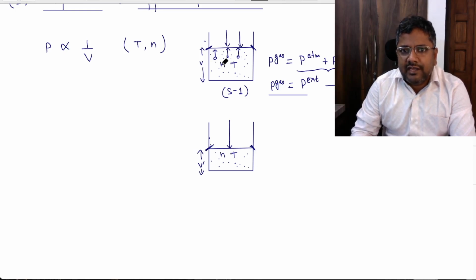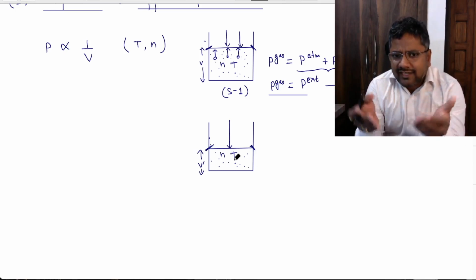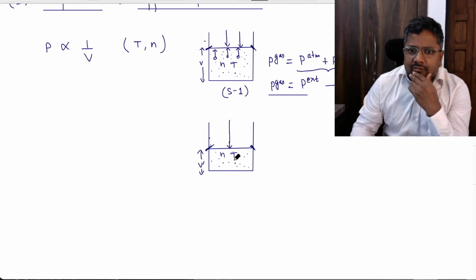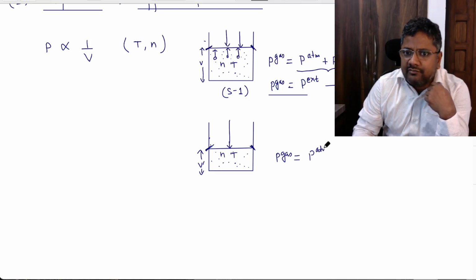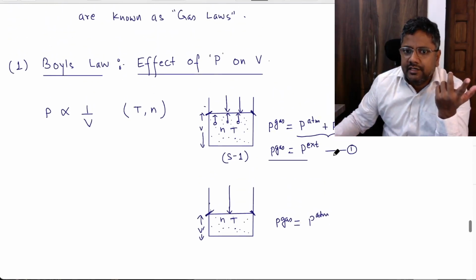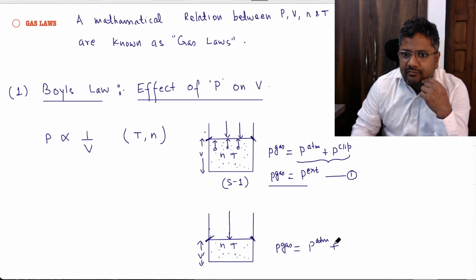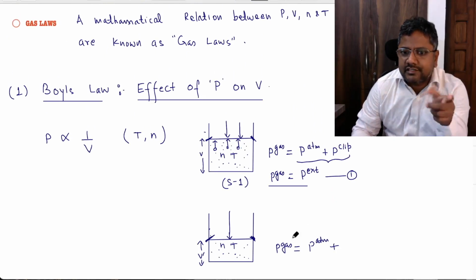And keeping N and T the same, because there is no problem with N, since no gas leaked out and no gas was taken from outside. But what about pressure? This time the pressure of gas is also equal to P atmosphere, but P atmosphere is the same. There is no change in both situations. But this time the pressure offered by this clip, a stronger clip is required to hold this piston.